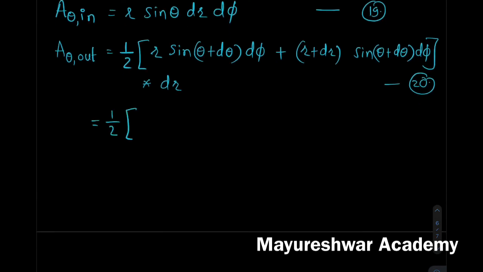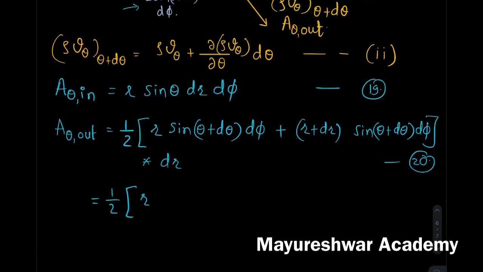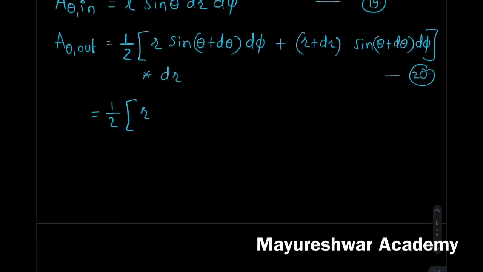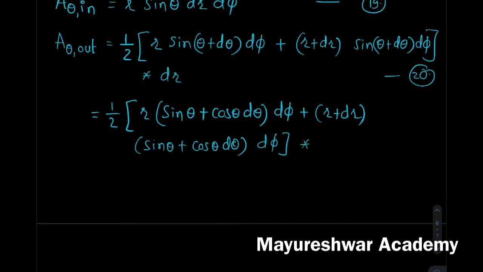Okay, so this gives us 1/2 of, expanding these terms, r sine(theta plus d theta), which is sine theta plus cos theta d theta. We already know this expansion, d phi, from equation E, plus (r plus dr) into again sine theta plus cos theta d theta into d phi.